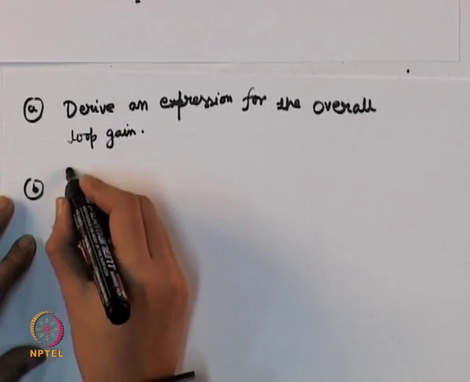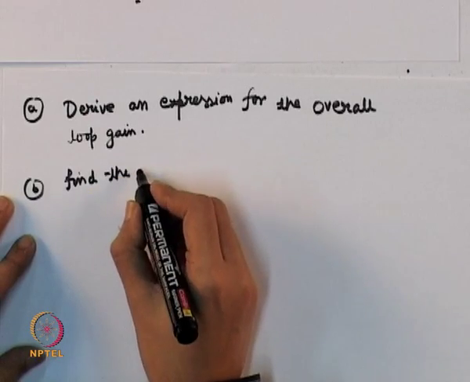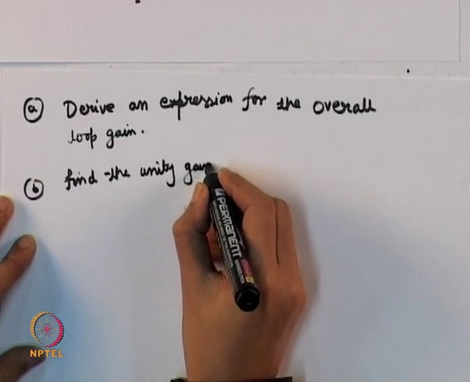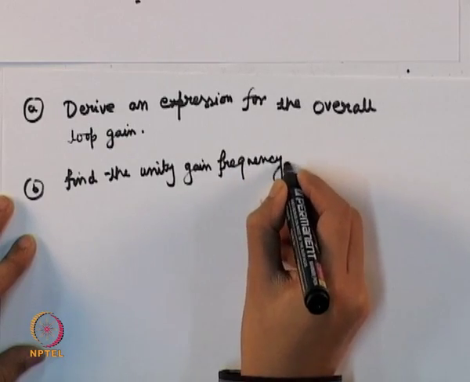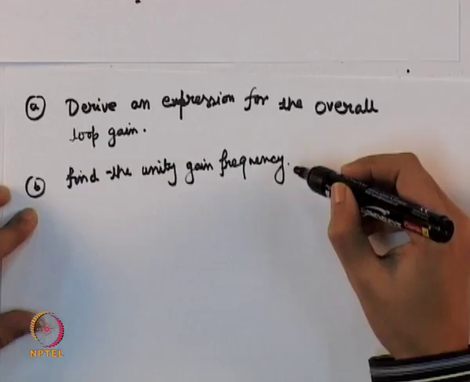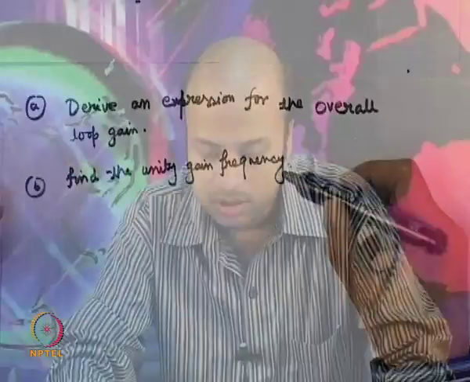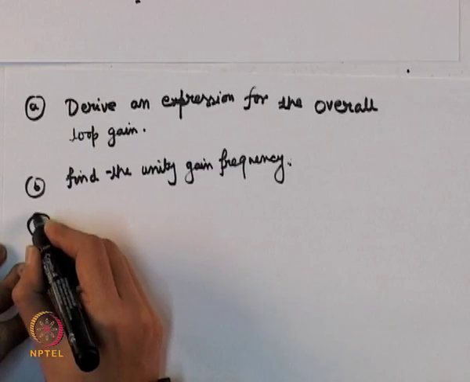Part B is to find the unity gain frequency. Actually, this part we have covered in our previous tutorials, but while solving our next problems we require this part to be calculated. That is why we have again inserted this one, to calculate the unity gain frequency.